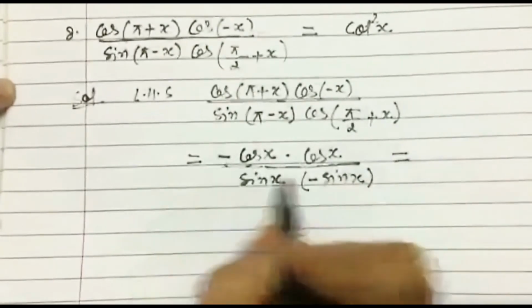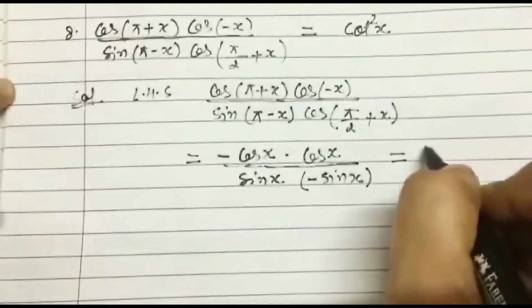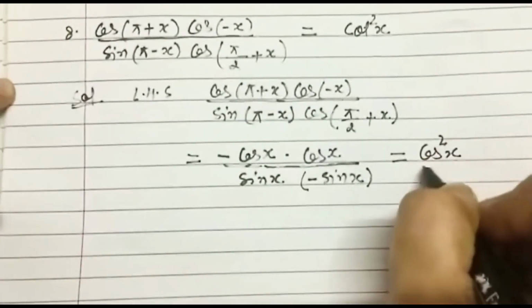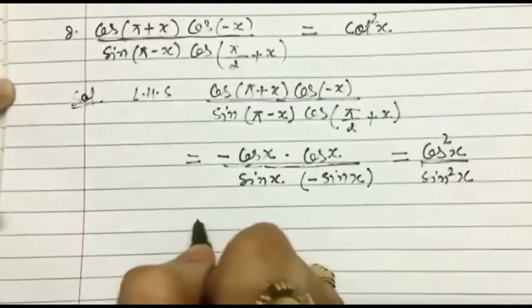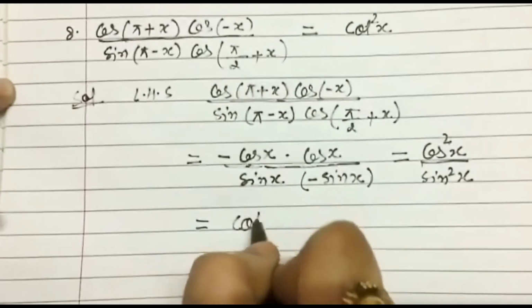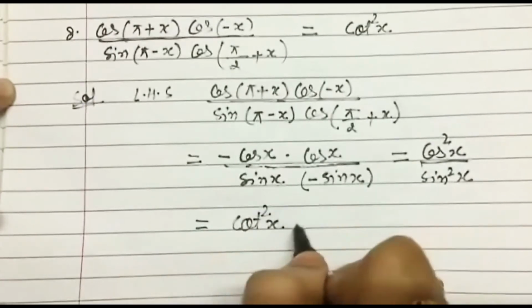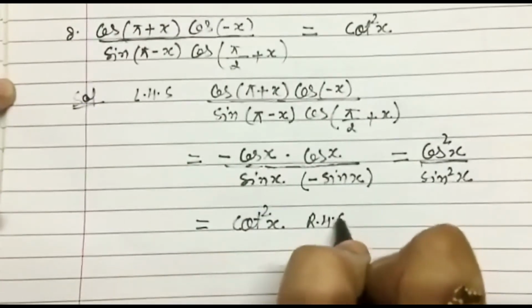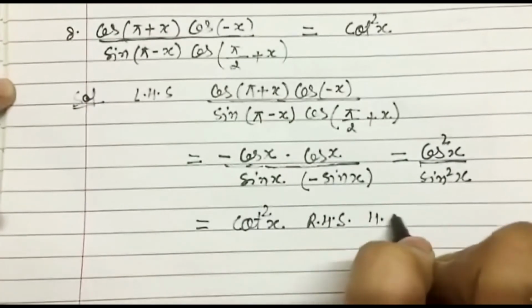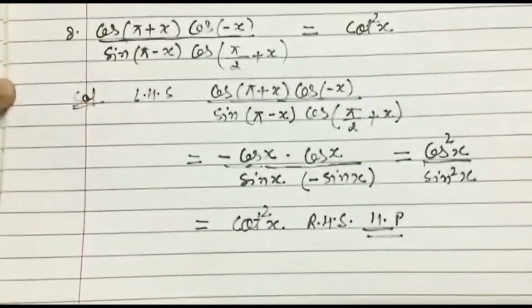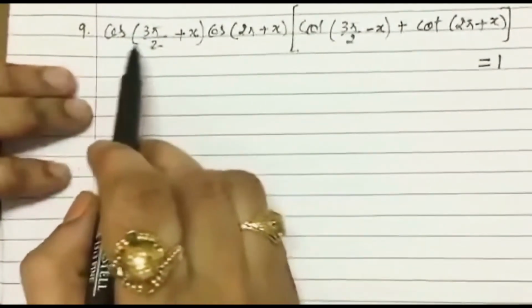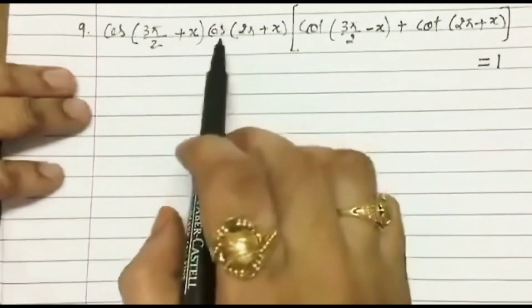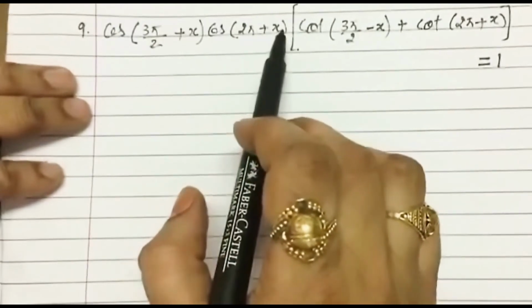Now minus minus will cancel, and we will get cos square x, and here it is sin square x, and it gives cot square x. Hence proved.